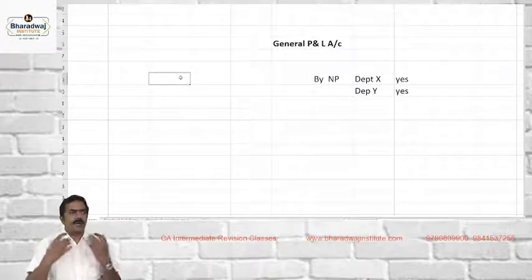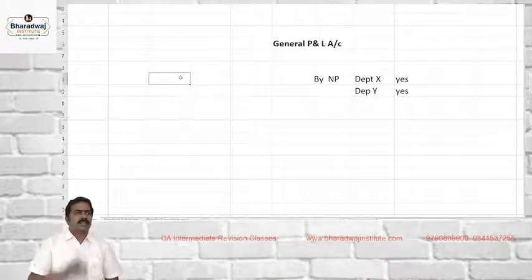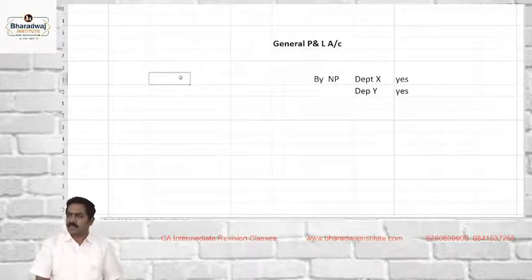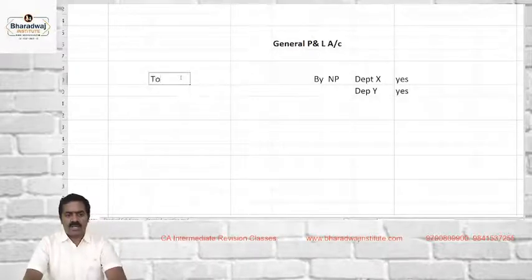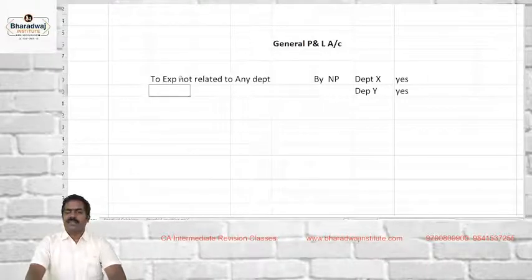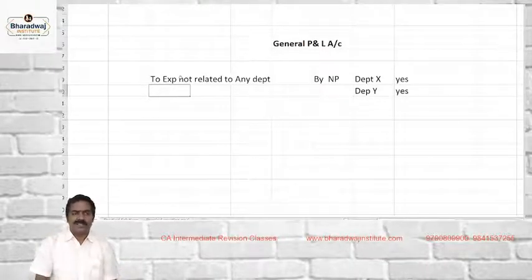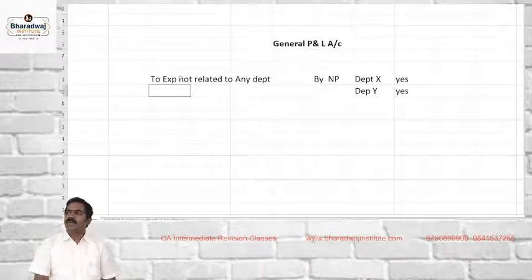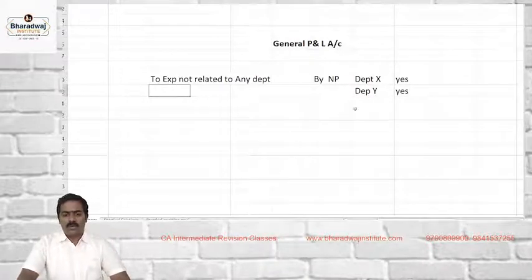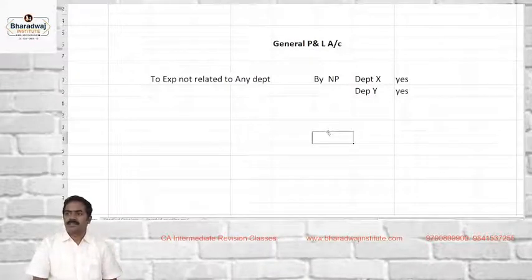Some abnormal losses, or the company has committed some mistake, because of that a huge loss on sale of investment was there. That will be charged in which account? General P&L account. Expenses not related to any department. It's not common expenses. That is not connected to my departmental business at all. That will be charged in the General P&L account.